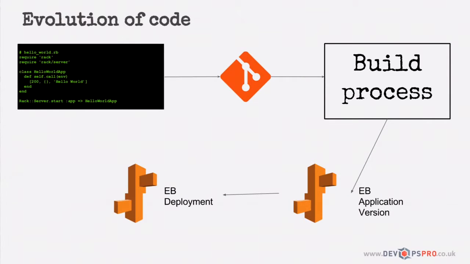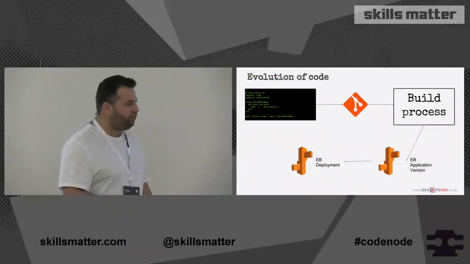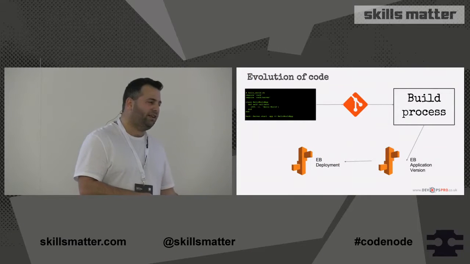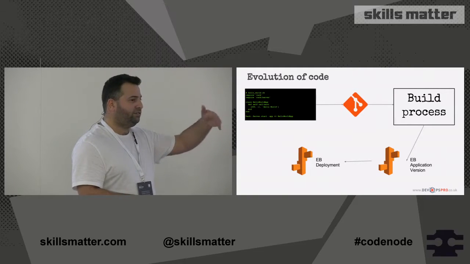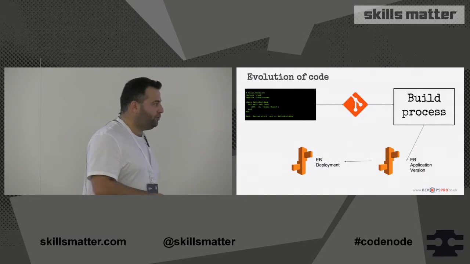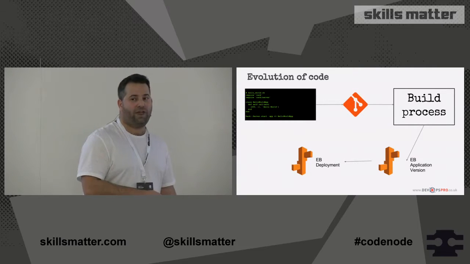It makes sure the tests are passing. It prepares the zip file and just uploads it to S3. Afterwards, we create an Elastic Beanstalk application version, which basically means one file, and just take it from S3. That's it. Afterwards, we initiate the deployment, which can be done automatically or manually.